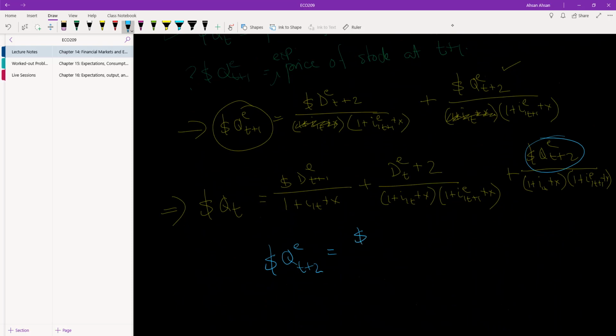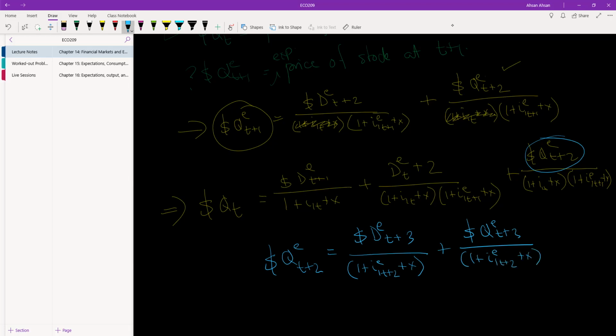This will be equal to the expected dividend in period t plus 3 divided by 1 plus the expected interest in period t plus 2 plus x, plus the expected price in period t plus 3 divided by 1 plus the expected I in period t plus 2 plus x. And if we want to, we can take this value and plug it in here, right? And we can go on, so on and so forth.